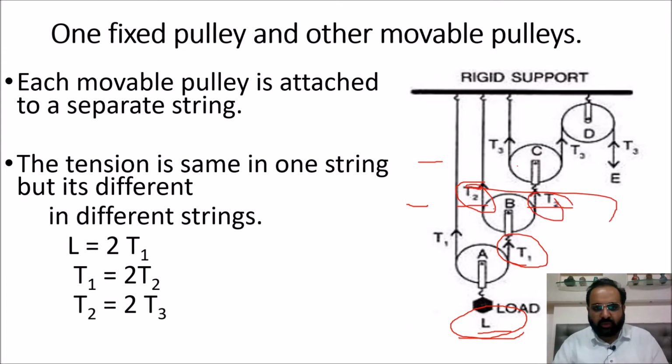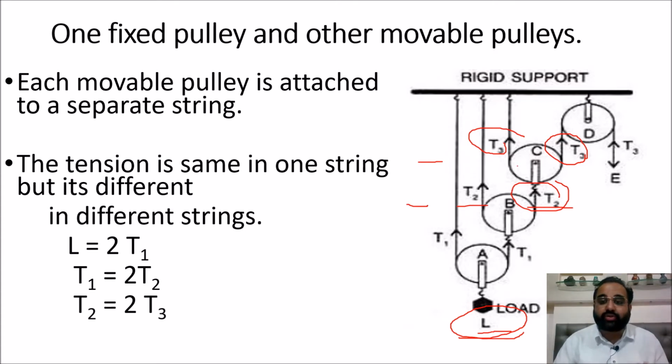So also, I'm sorry, also over here, this particular T2 will be similarly balanced by this T3 and this T3. So as I said, L will be 2 times T1, can I also say T1 will be equal to 2 times T2 and T2 will be equal to 2 times T3 over here. So see this, each movable pulley is attached to a separate string.